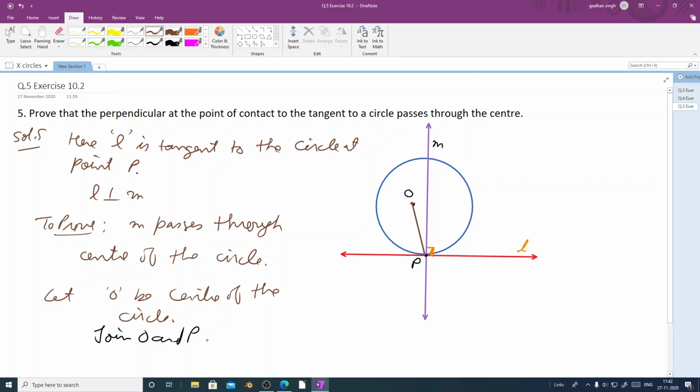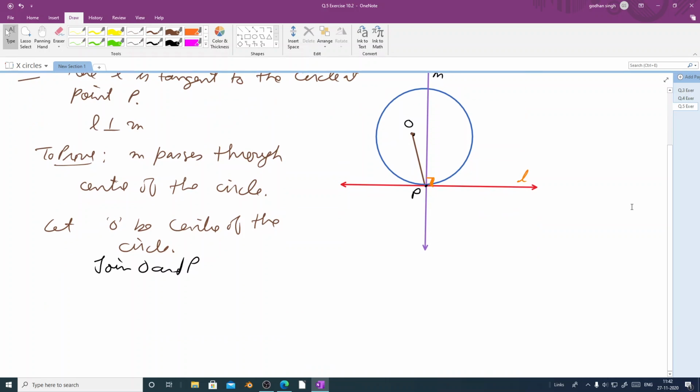OP will be the radius. So, OP equals the radius, and we know from theorem 10.1 that the radius is always perpendicular to the tangent at the point of contact.